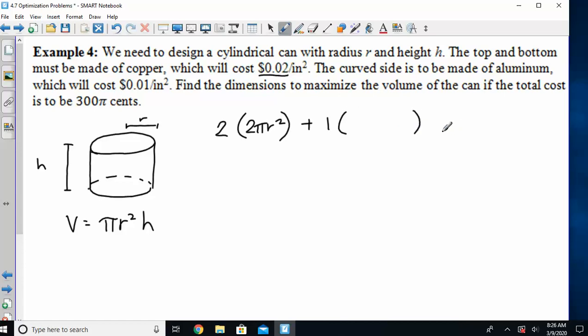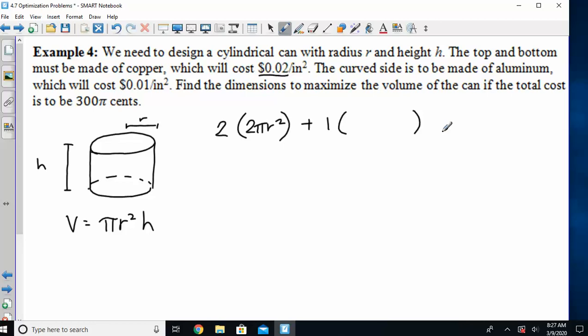Now, if you have a soup can and you take off your label and unfold it, what shape does it make? A rectangle. So if I cut off this label and unfold it, I'm just talking about the area of a rectangle, which is length times width. The length, when you cut it and unfold it, is the distance that went all the way around the circle. Does that make sense?